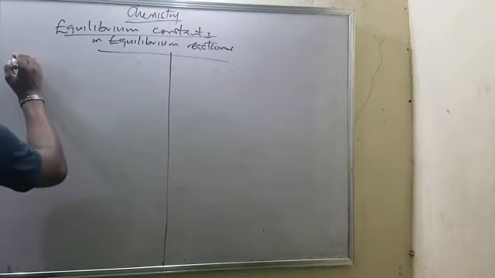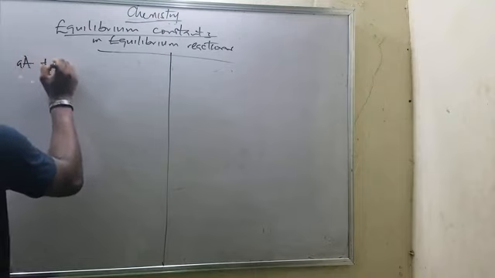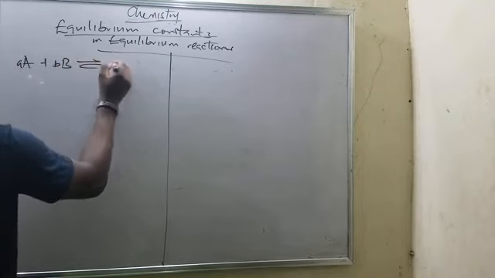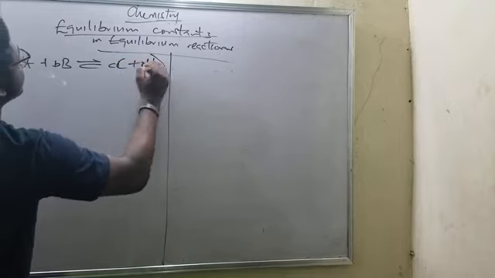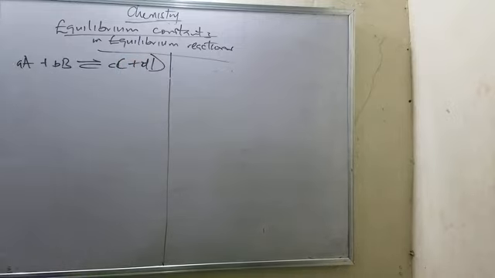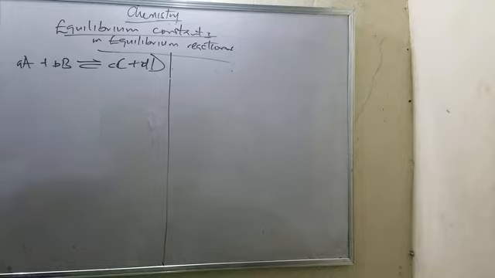So we have our equation once again to be aA plus bB giving us cC plus dD, where a, b, c, d are the number of moles. So we have two different reactions: the forward and the backward.